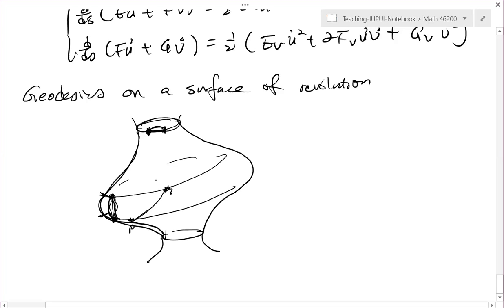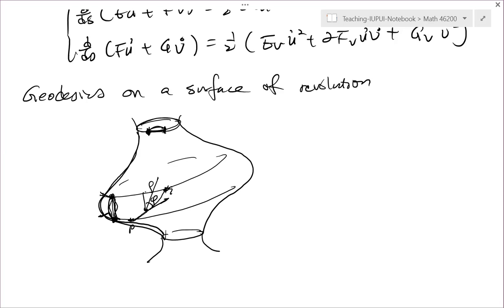The idea, which we already covered in the last class, is the angle phi, and rho times sine phi is going to be constant. That's how we check whether the curve is a geodesic, right?